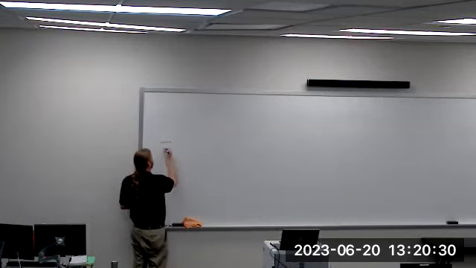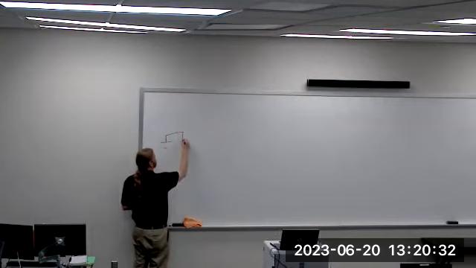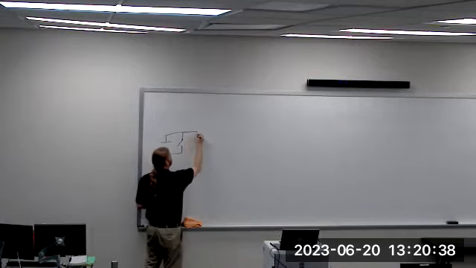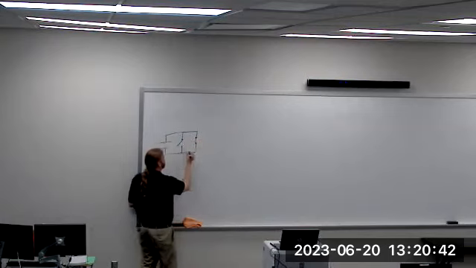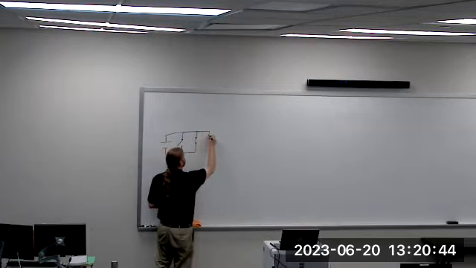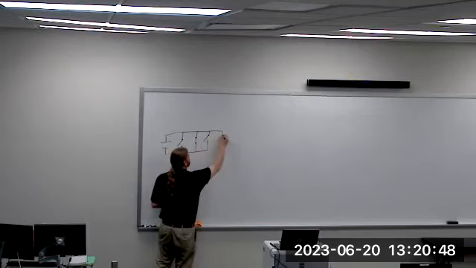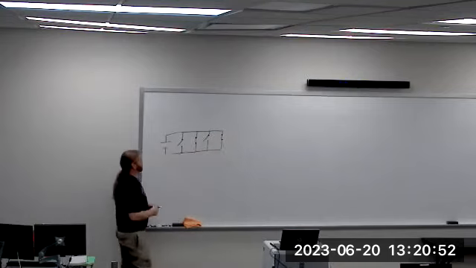So on day one, I drew a picture of a circuit, looks something like this. If we have an open switch, I'll just draw 4 here, then a closed switch, an open switch, and another closed switch.